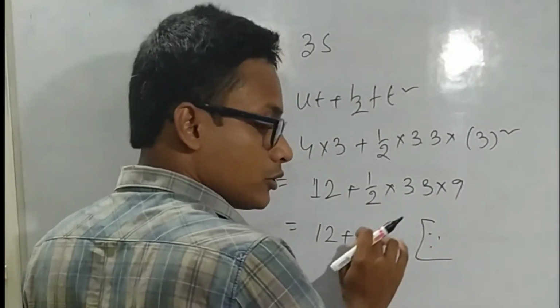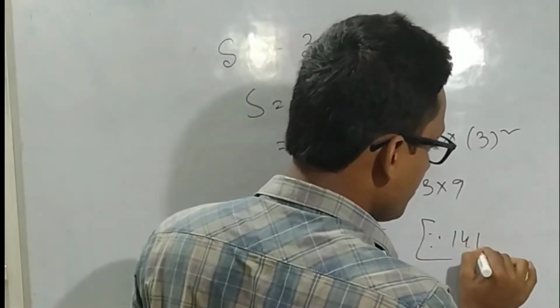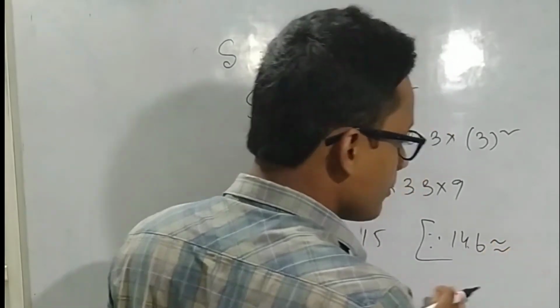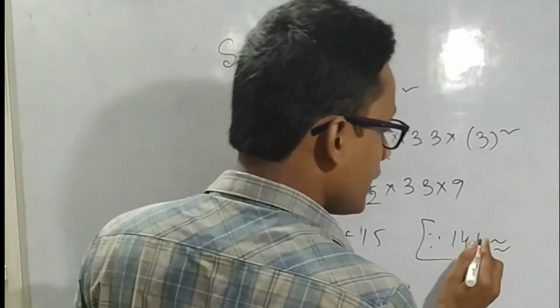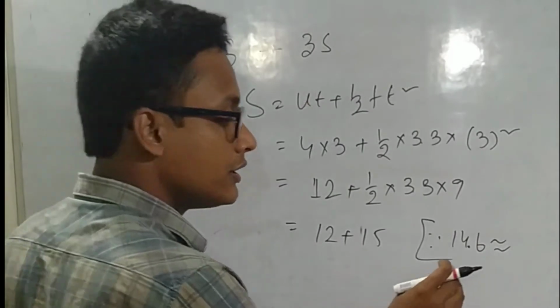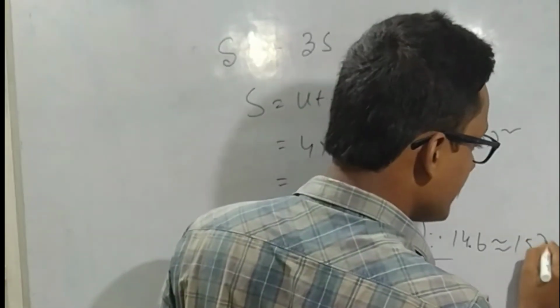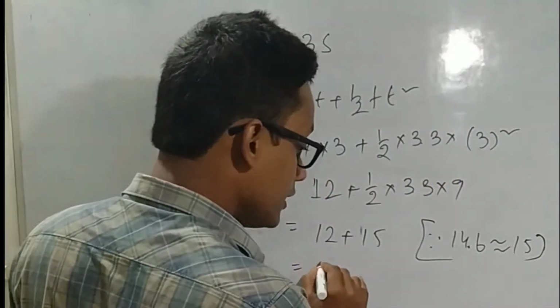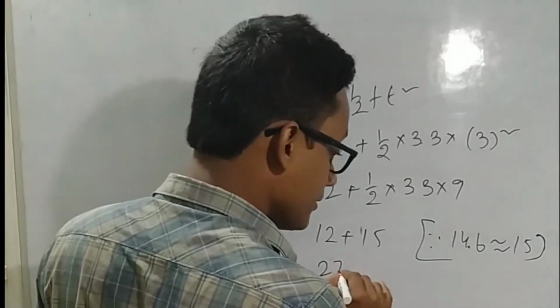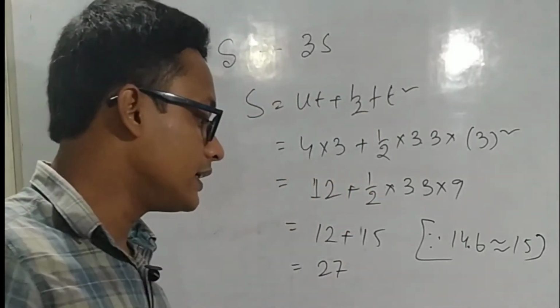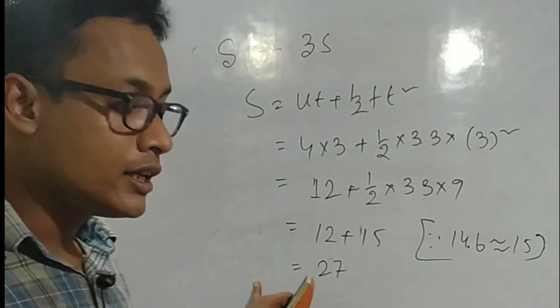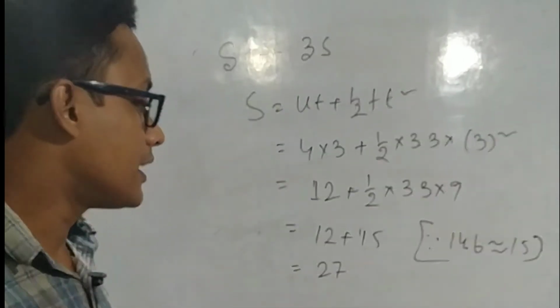If we calculate this portion, we will get 14.6. We have learned about the approximate number, the round off, so this 14.6 can be written as 15, so finally 27. So the distance the particle traveled during this time is 27 meters.